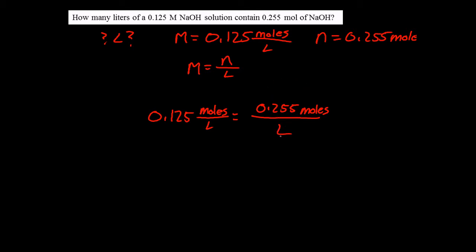If we want to get liters by itself, we can't just divide by 0.255, because that would give us 1 over the number of liters. Instead, we're going to multiply both sides by the number of liters and divide by 0.125 molar.